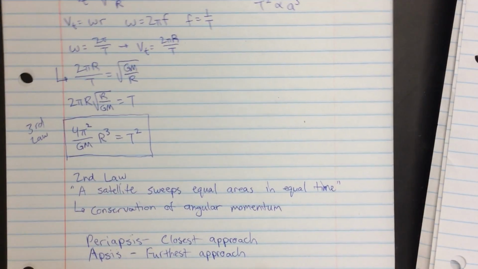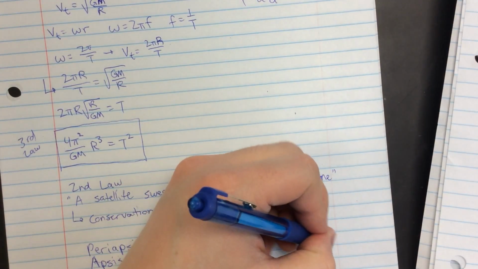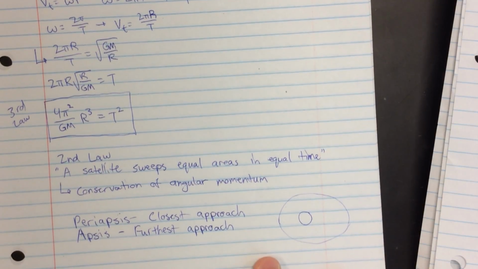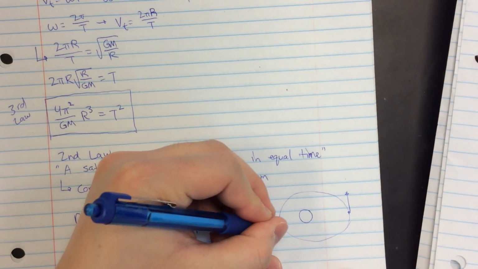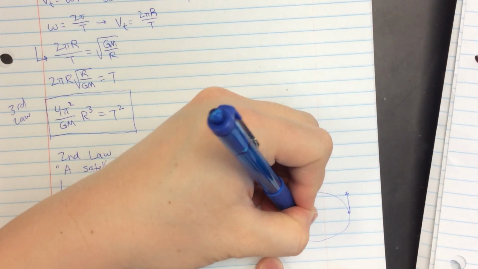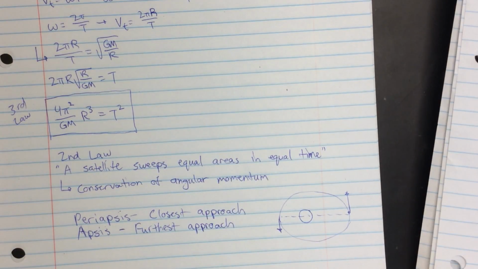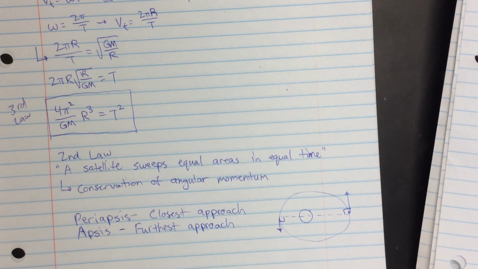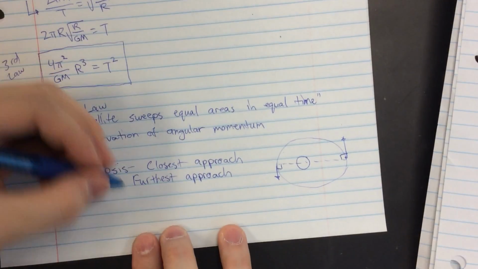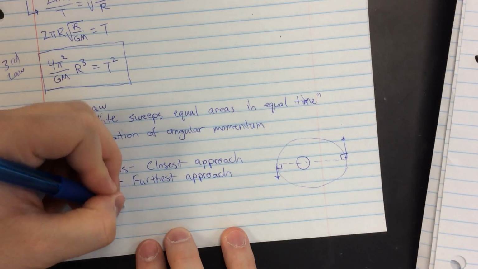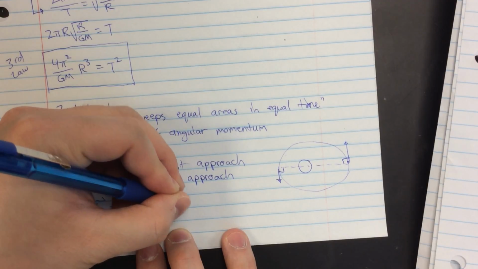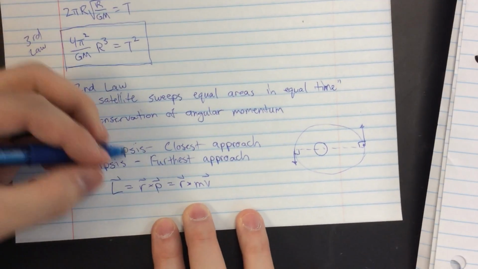Those two points are important because when you look at any elliptical orbit, those two points are always perpendicular to the line that connects it to the body. That makes them very useful points for analyzing angular momentum, because when we look at angular momentum of orbits, often we use r cross p, which is r cross mv.